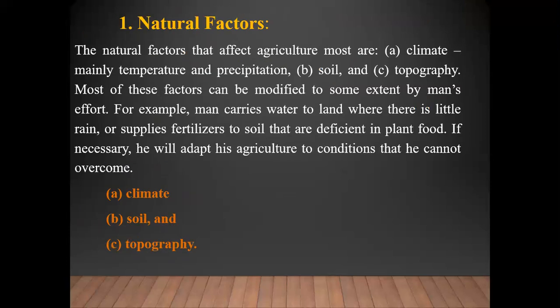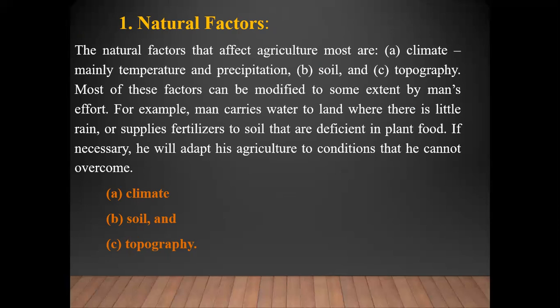Now, we look into the natural factors. The natural factors that affect agriculture most are A. Climate, mainly temperature and precipitation, B. Soil, and C. Topography. Most of these factors can be modified to some extent by man's effort.